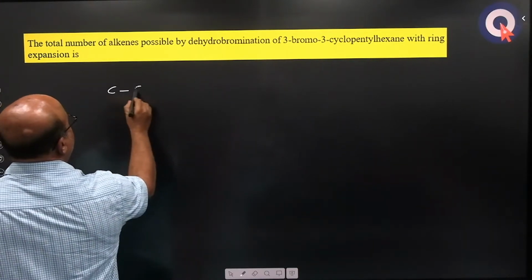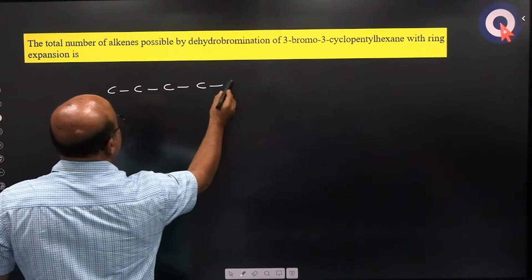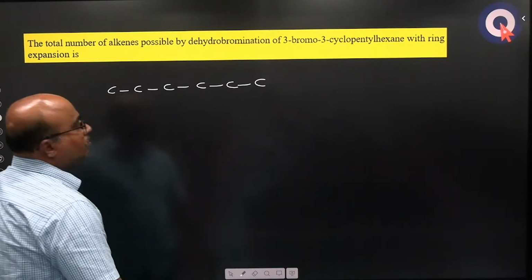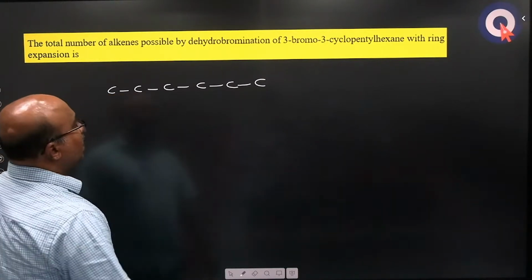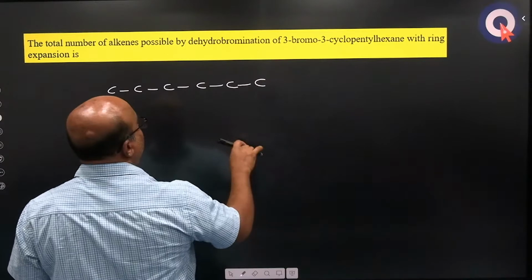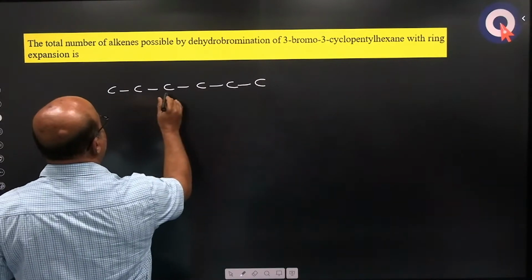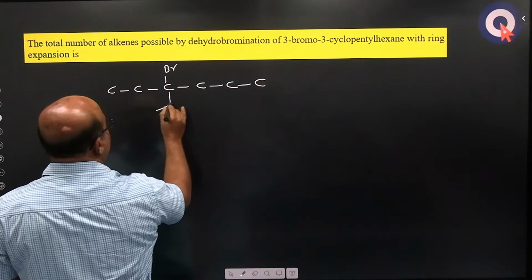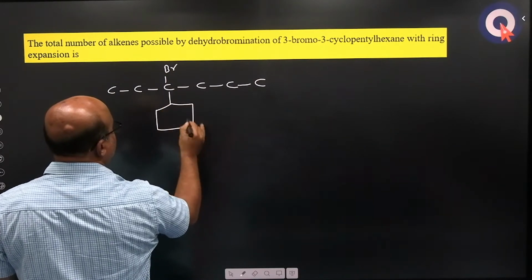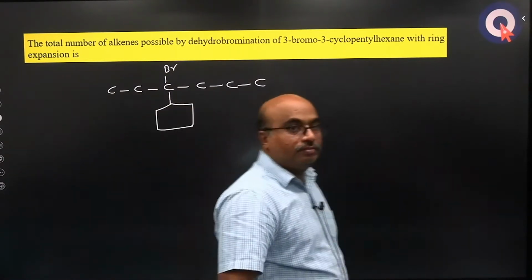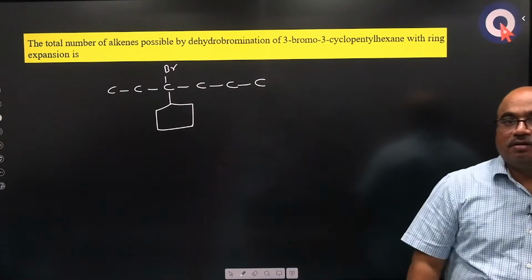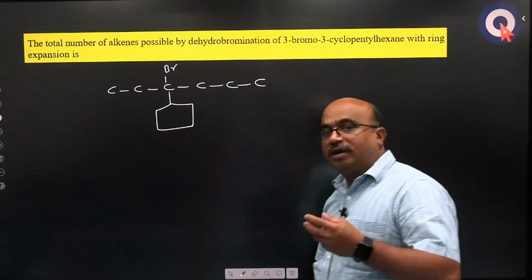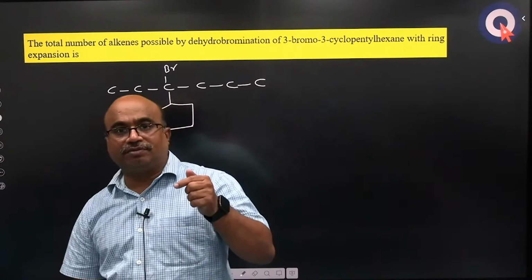See, 6 carbons, hexane, 3-bromo 3-cyclopentyl. So at the third carbon we have bromine as well as a cyclopentyl group. So he is asking how many alkenes we may get by the dehydrohalogenation of this.